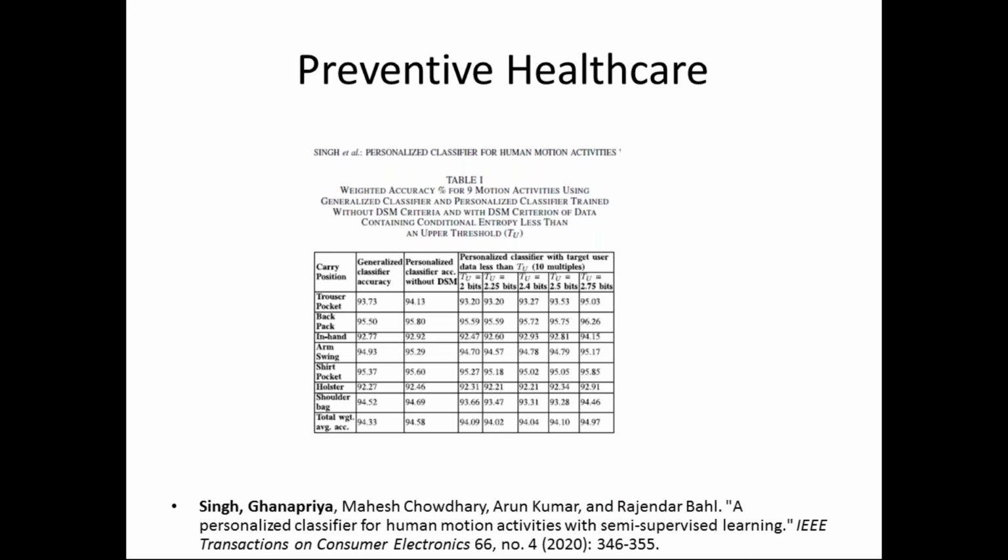Thus, we were able to have a personalized classifier of the person without explicitly asking for raw data. When there is a generalized classifier, it is not personalized, so the accuracy will be less. As soon as we have a personalized classifier, the percentage of accuracy increases.